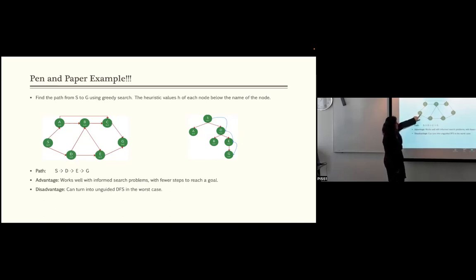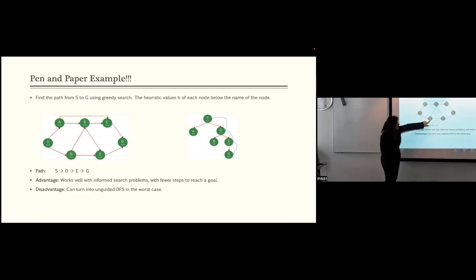Here, we move to the minimum heuristic value, D. You can see in the tree structure as well.